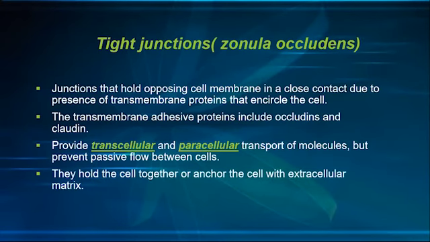Now the basic function of the tight junction is that they hold the cells together in a very tight position, and they prevent any sort of movement if there is any shock-like condition observed by the tissues.